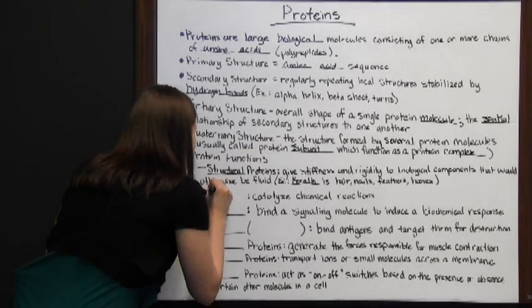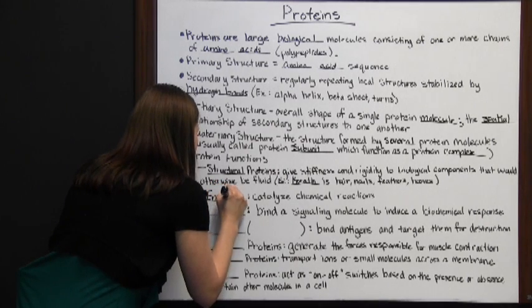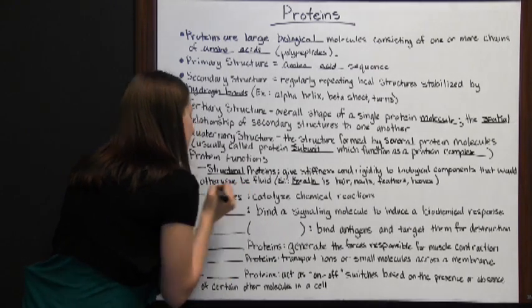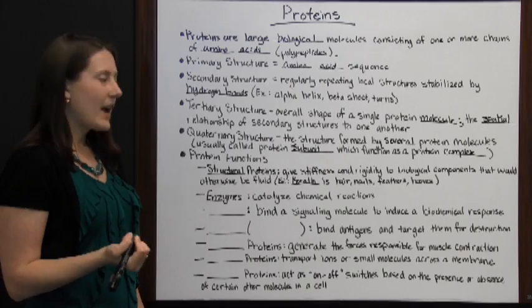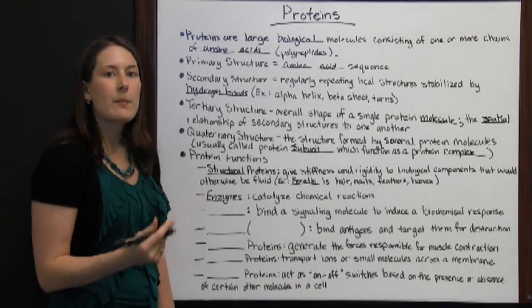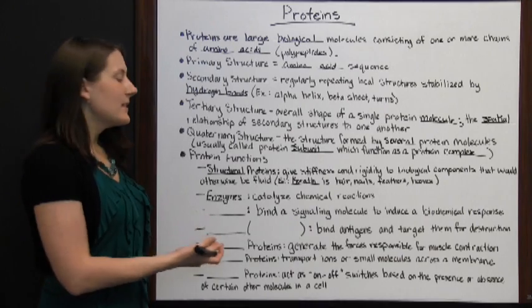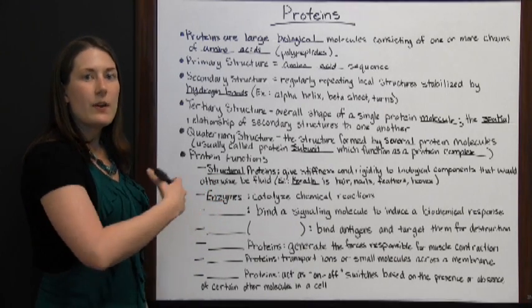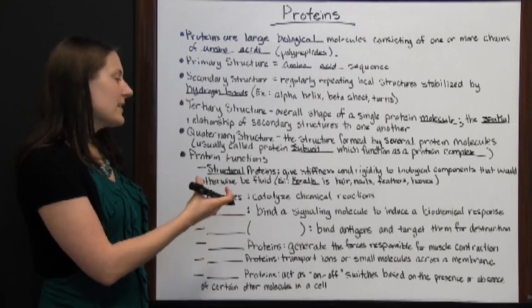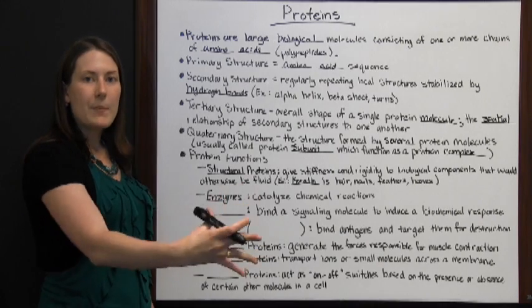Next we have enzymes. And enzymes catalyze chemical reactions. So there's a chemical reaction that needs to take place, but it won't be able to take place until this enzyme is present. When the enzyme is present, it catalyzes the chemical reaction and speeds it up and lets it occur.